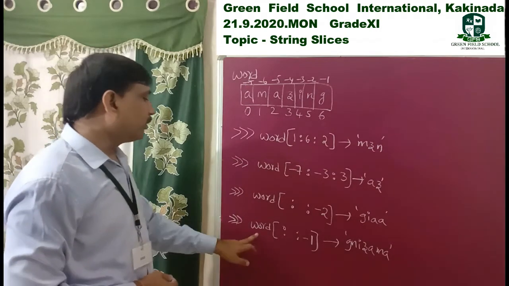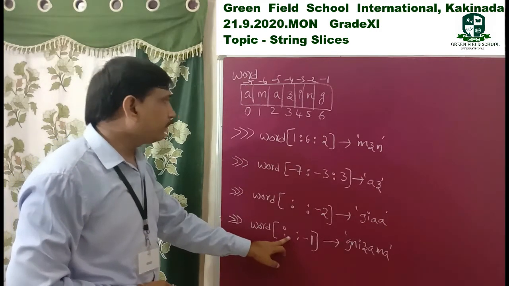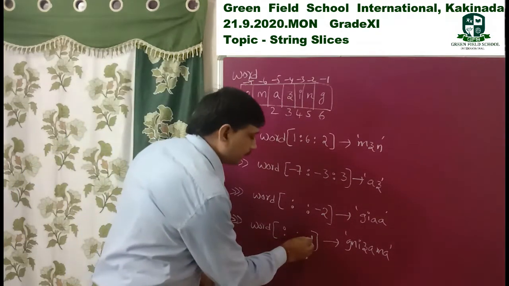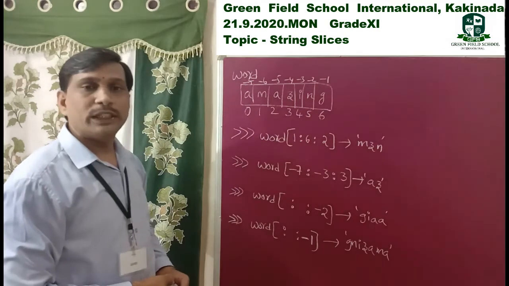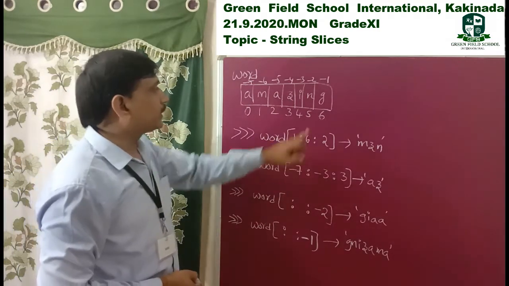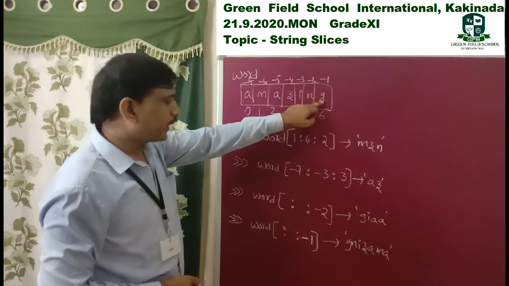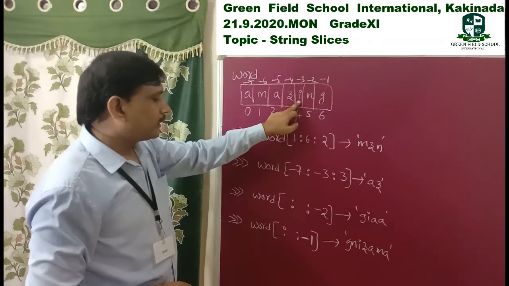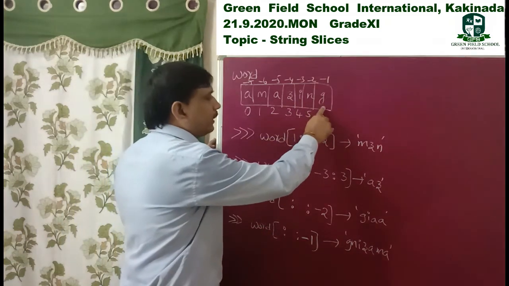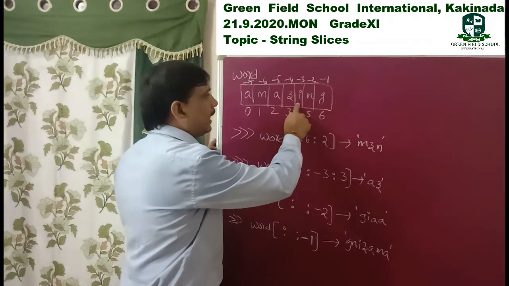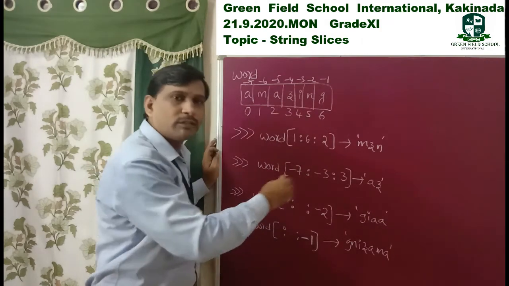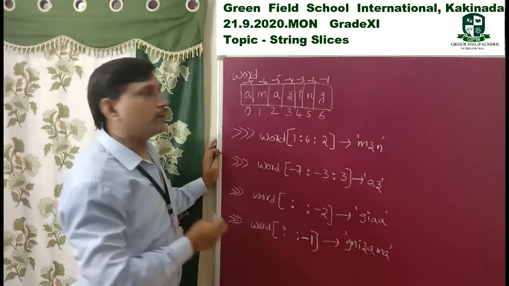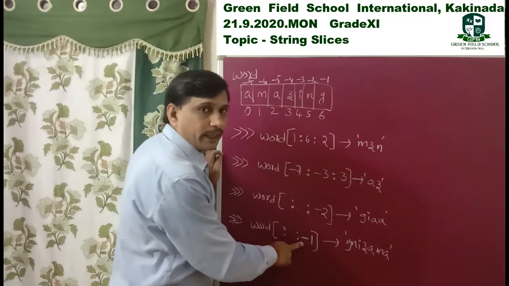Then we consider word of, not considering lower bound and upper bound. Then the step incrementation is -1. Here we specify -1. So we start with -1, that is Z. First we consider Z, N, I, Z. Minus means backward. Each and every time you increment 1, but in the backward direction. That's why you specify a negative direction.